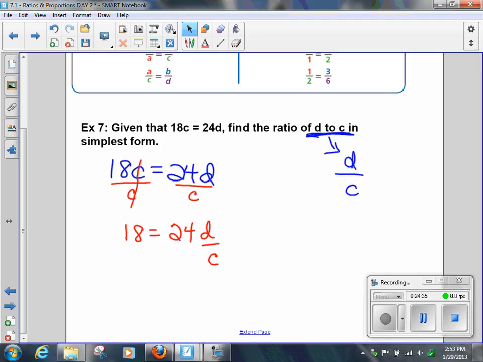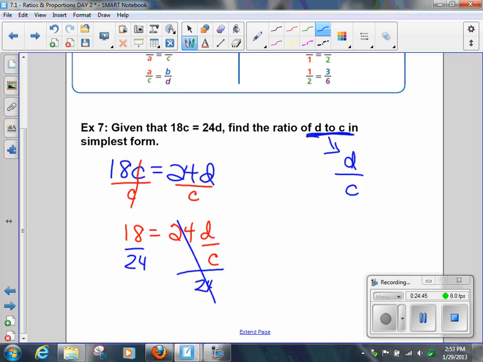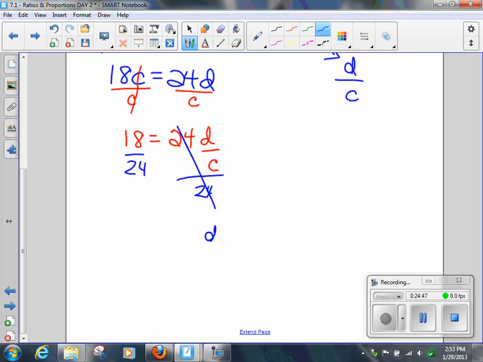All right, now look. What I do to one side, I have to do to the other. My 24s cancel out now, and that leaves me with D over C is equal to 18 over 24. What's wrong with that?